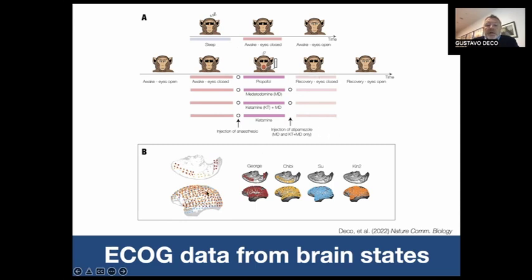They are ECoG data in half hemisphere of four monkeys under different conditions. For example, awake against sleep or awake against anesthesia and different types of anesthetic, and even the recovery.